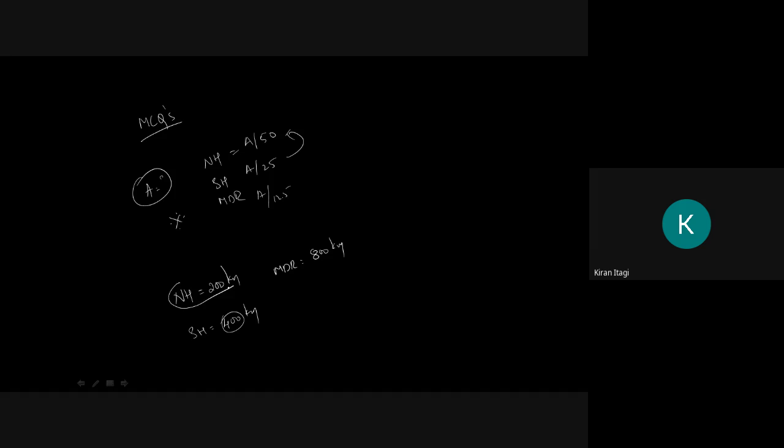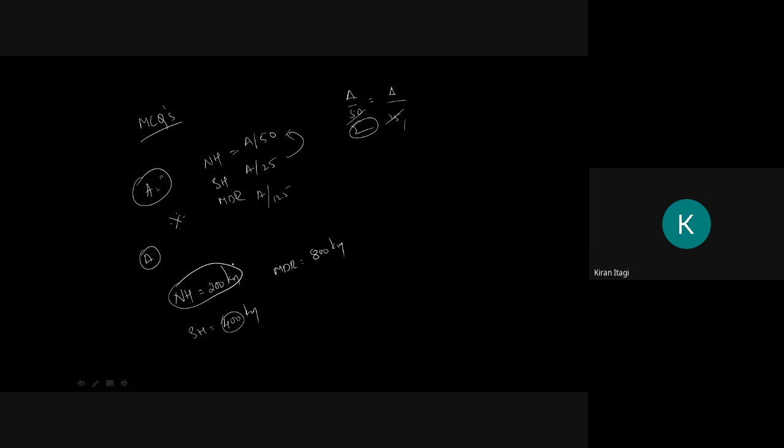In the question he will give directly the length of the national highway. Instead of giving the area, he will give the length of the national highway and say determine the length of the state highway. Here you can see area upon 50, area upon 25. 25 once is 25, twice is 50, so 2 times.